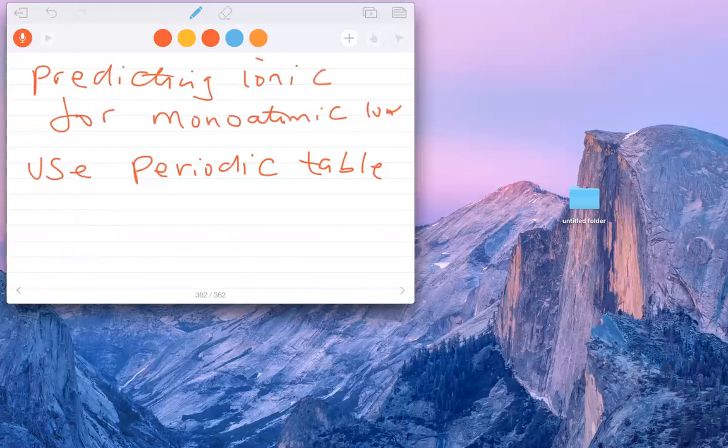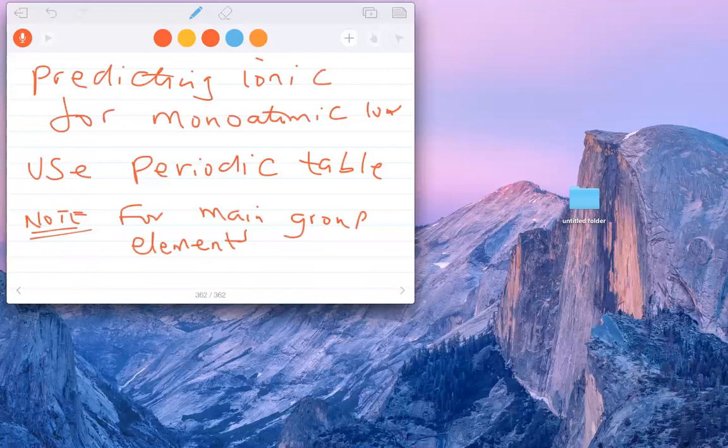Note this is for main group elements, or representative elements.